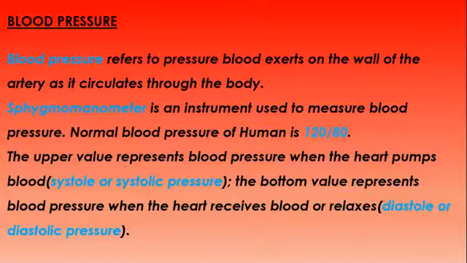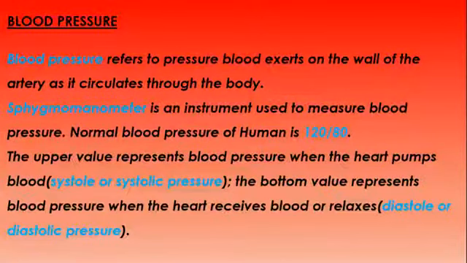And we have diastole or diastolic pressure when the heart receives blood or when the heart relaxes. All right, so let's take note of all this. The question is, what is your blood pressure? Is it higher than the value here or lower? I wish it is around this value.